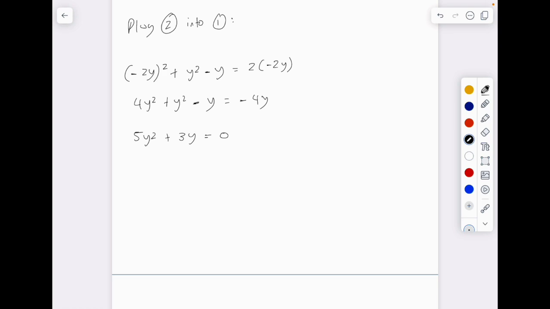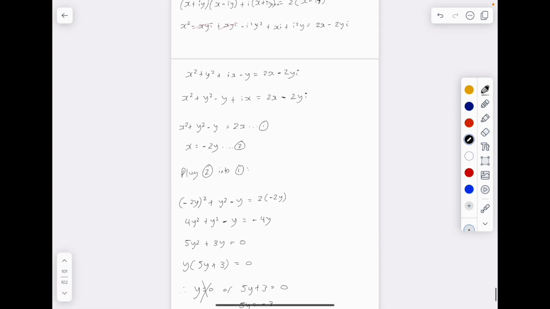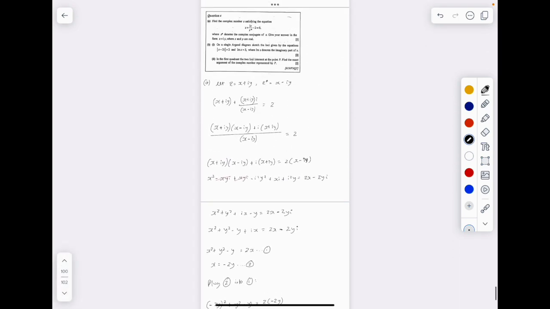Perfect. So now we've got an equation. We can say fine, y(5y plus 3) is equal to 0. So therefore, y equals 0, or 5y plus 3 is equal to 0. 5y is equal to negative 3, y is equal to negative 3 over 5. But we're going to ignore y equals 0. Why do we ignore this?